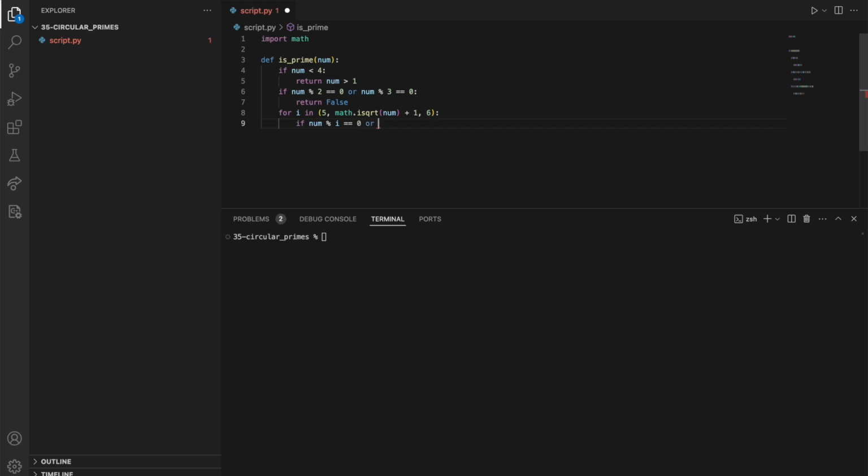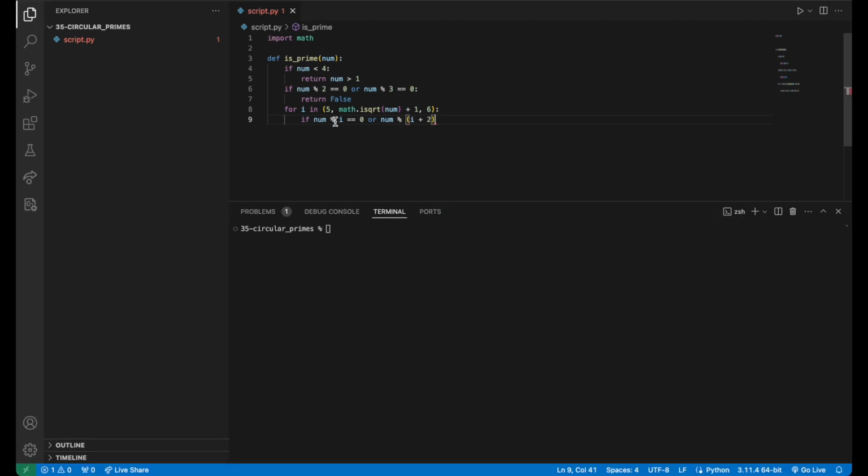And then we're going to have another check for the 1 mod 6, which is going to be I plus 2. So it's going to be plus 2 off of the 5. So it's basically starting at 7, and it's going to be incremented by 6 right here. So if these are true, it's going to be a non-prime, and otherwise it's going to be a prime.